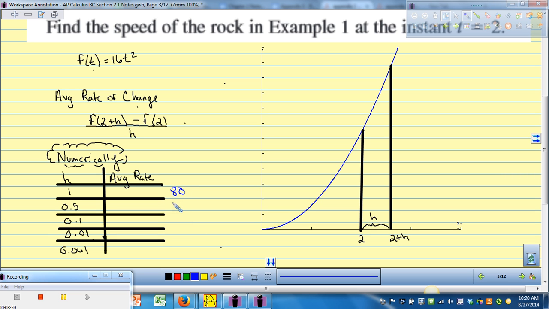How about my 0.5 people? Do we have it? Any others? 0.1? 0.01 here: 64.16. 64.06.